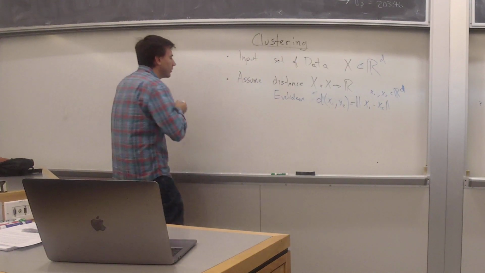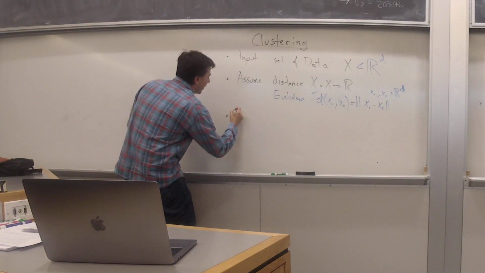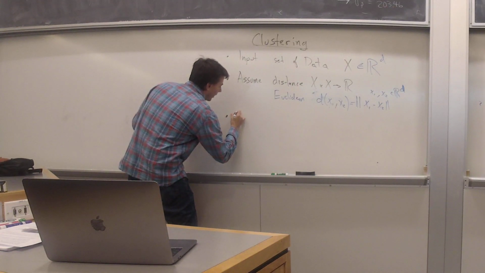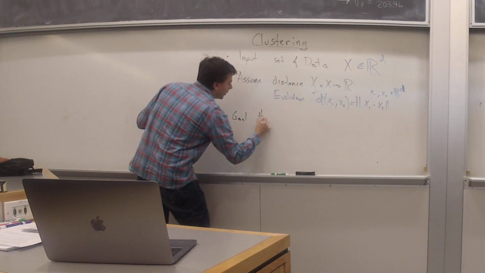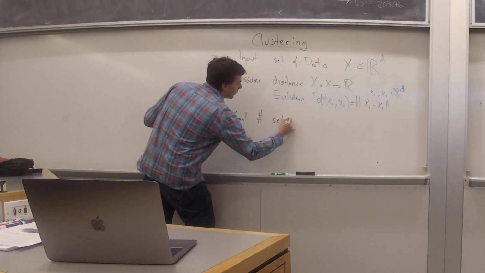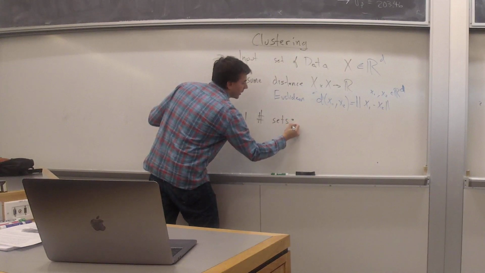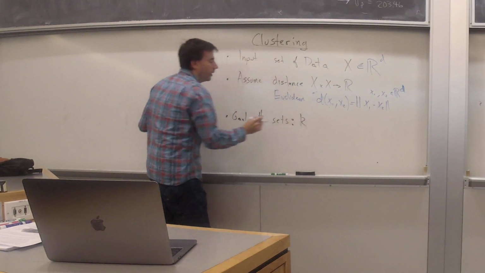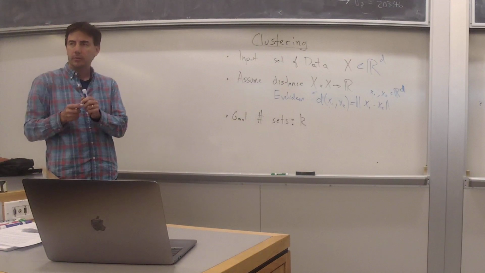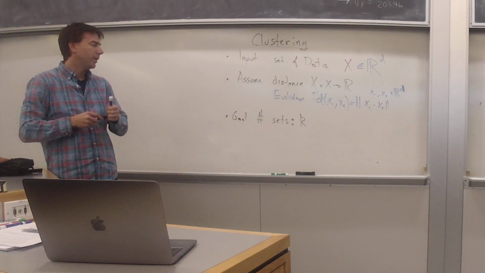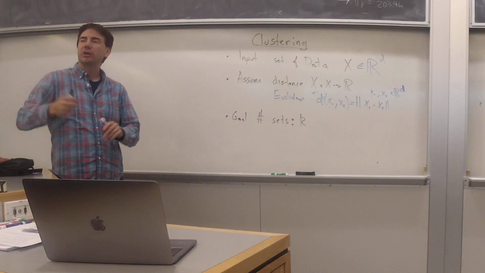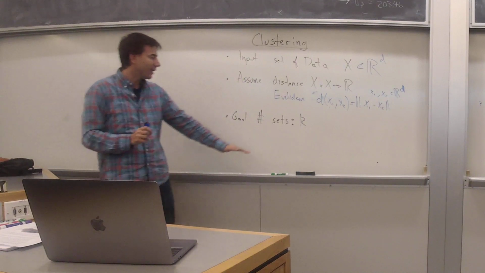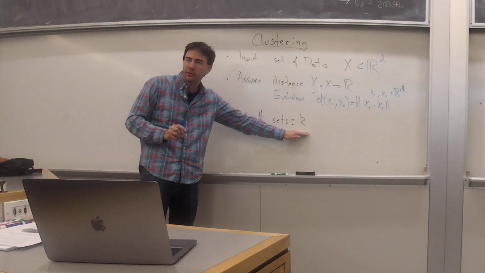Okay, so the other thing you're typically given is a goal number of sets, and in particular, this will usually be some value k. It might be at the end of the last lecture I'll talk about a technique that does not necessarily need this value k.